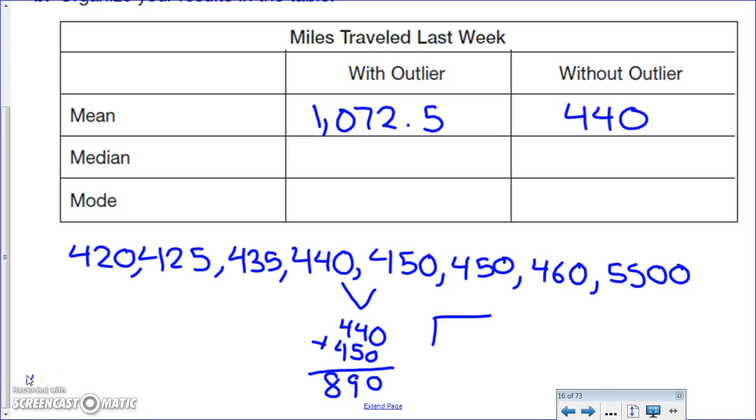Now we're going to divide in half to find the midpoint of the data. 2 goes into 8 4 times. 2 goes into 9 4 times. Bring down the 0, we get 10. 2 goes into 10 5 times. So with the outlier, our median is 445.